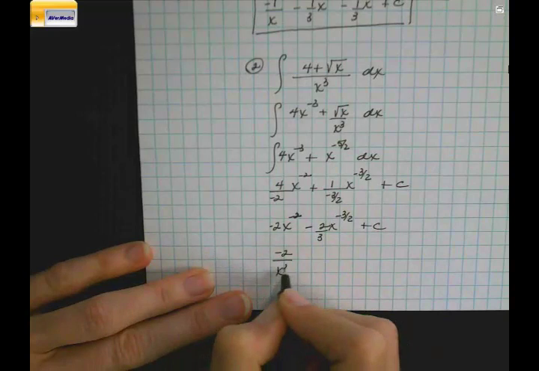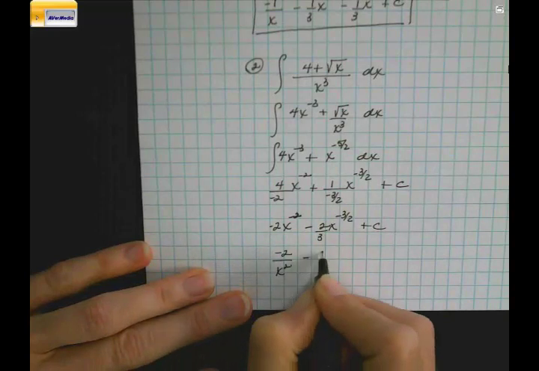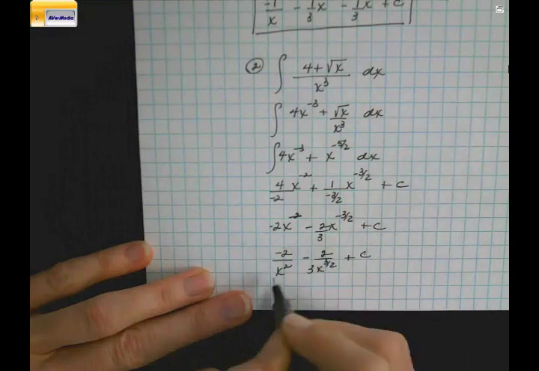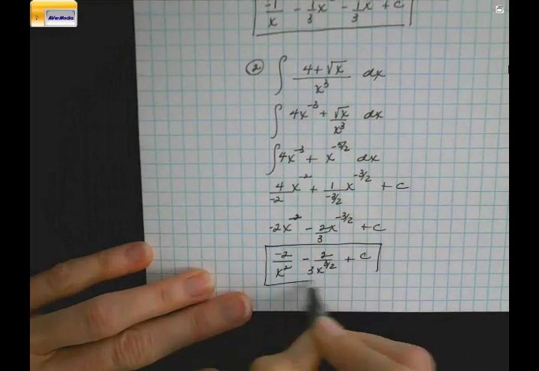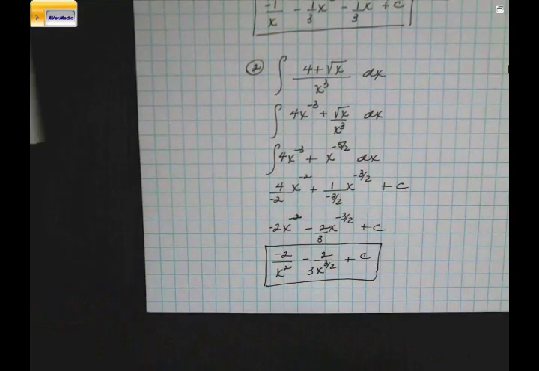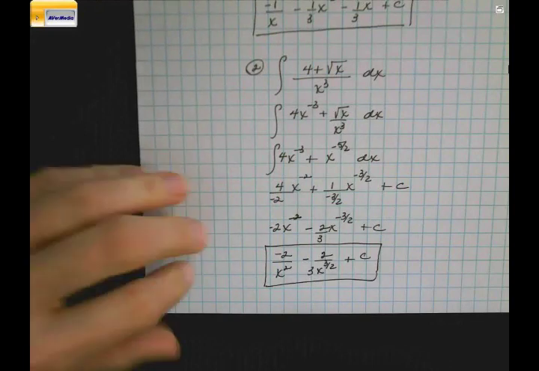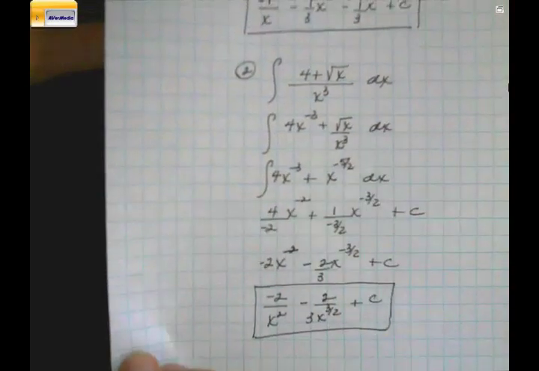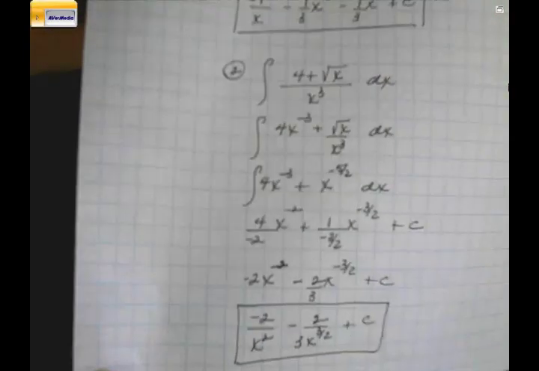So this is negative 2 over x squared minus 2 over 3x to the 3/2 plus c. So it's just step by step. It's not hard, but boy, there were a lot of steps there.